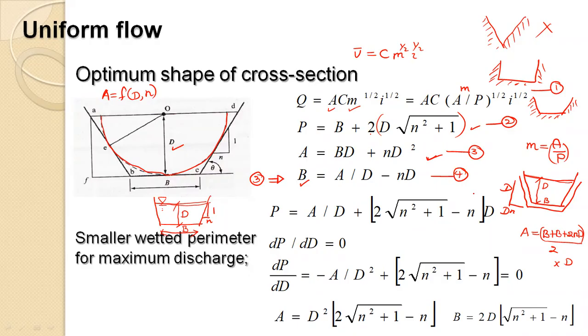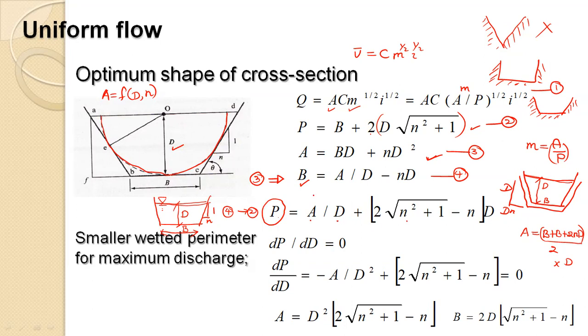And then, since I have got the value of B, I can substitute 4 into 2 and get an expression for P in terms of A and D. Now, P would be in terms of A and D, and of course N. So the three variables which would change P are A, D, and N.